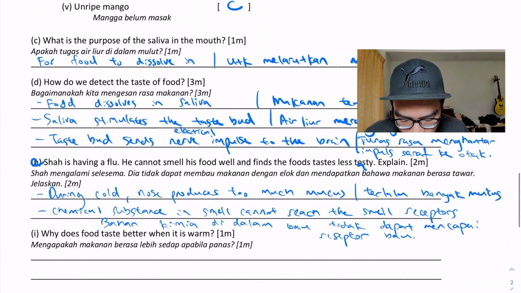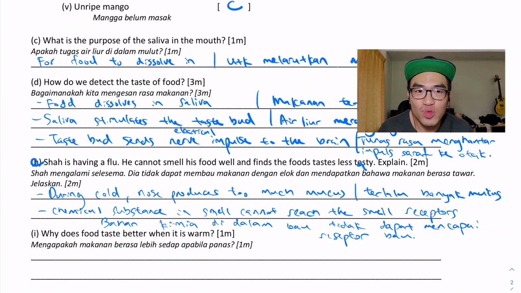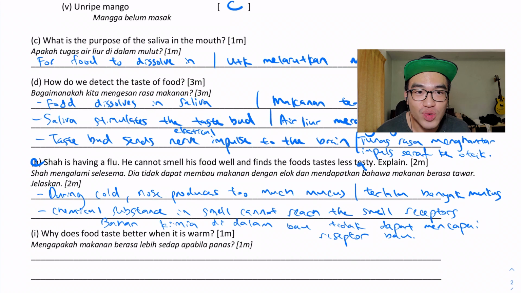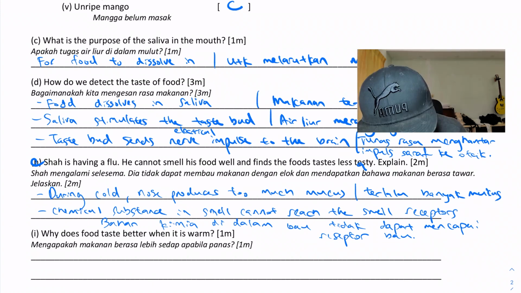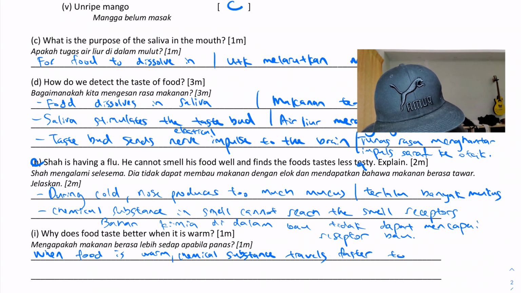Next, why does food taste better when it is warm? Mengapakah makanan berasa lebih sedap apabila panas? So this is something to do with your smell receptor. When a food is warm, it travels faster in the air. This is why it tastes better. When food is warm, chemical substance travels faster to our nose.